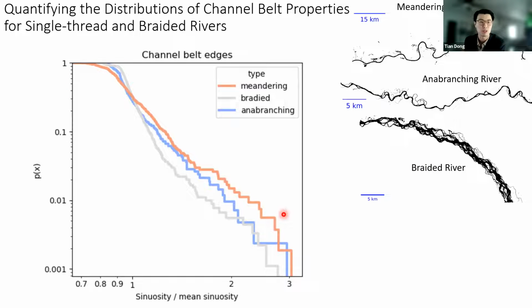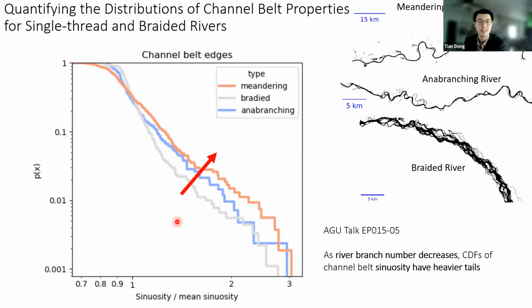In this plot, I'm showing cumulative distribution functions of sinuosity of these three different river type channel belts. The finding is that as the branch number decreases, the tail of the CDF becomes heavier. Currently, I'm working on theories and more statistical methods to quantify the heavy tails.